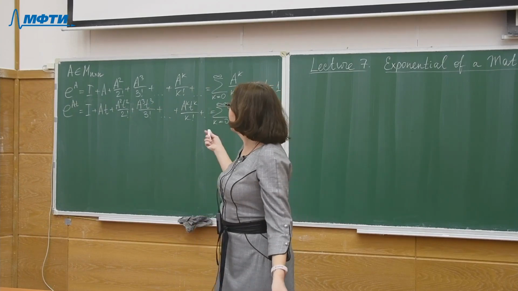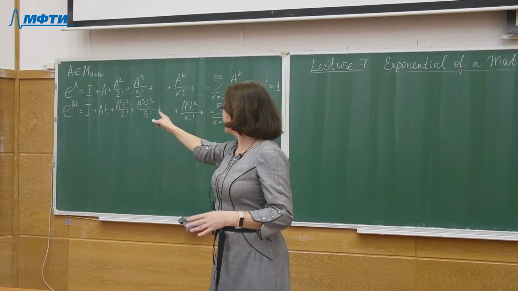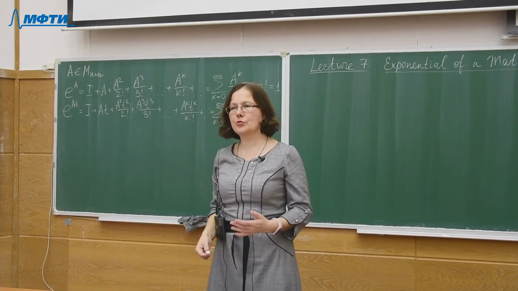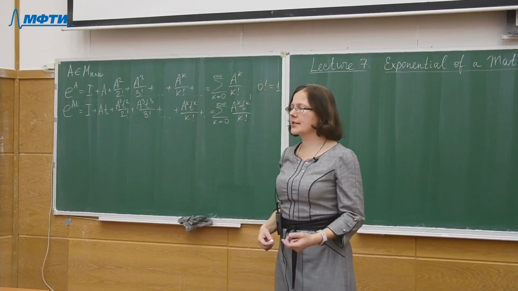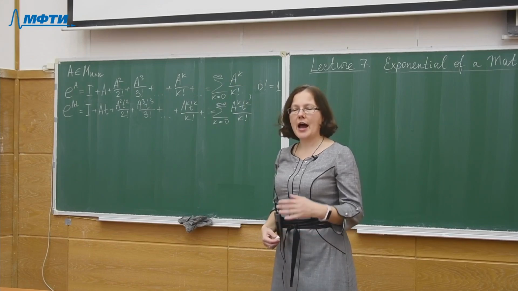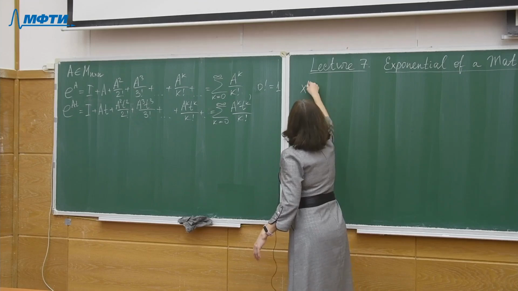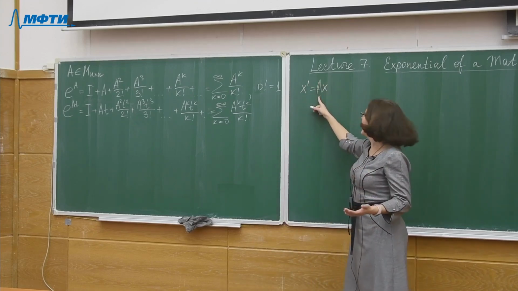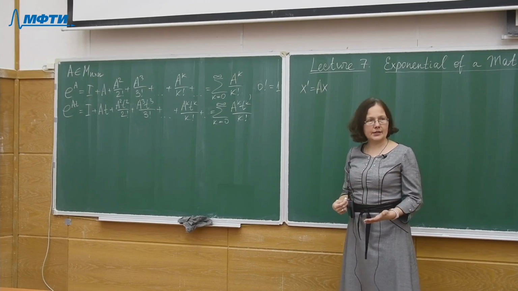So this was done, and now we will continue to study this operation, and this matrix e to the power At, this is a matrix. It will help us to solve differential equations, linear differential equations with constant coefficients. I mean vector equations, the equations of the form x prime equals Ax, where A is an n by n matrix, and by x we mean an n-vector, right?